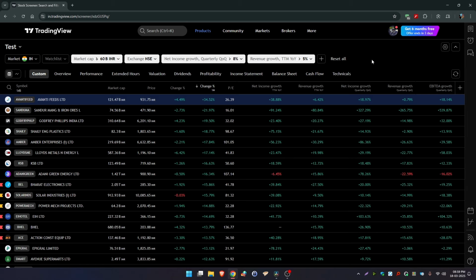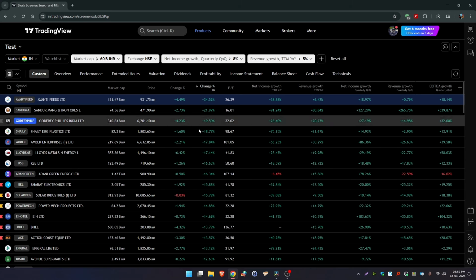So it gave us a list of stocks whose net income growth and revenue are on a steady rise compared to the previous quarter and the previous financial year. We also sorted this by the current monthly change.